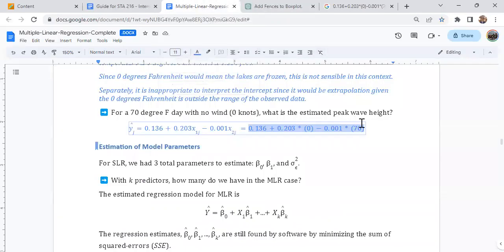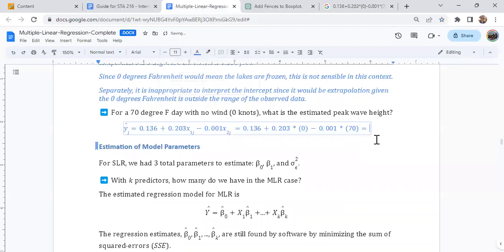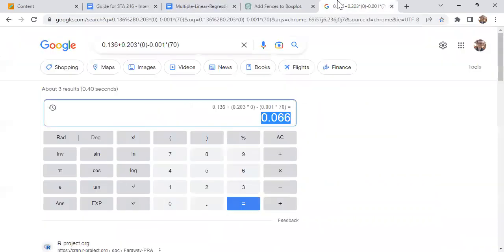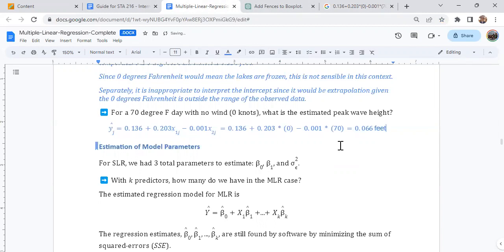Good for you. So we got 0.066, and then we want to make sure we always add on what the units of measurement are. Feet.